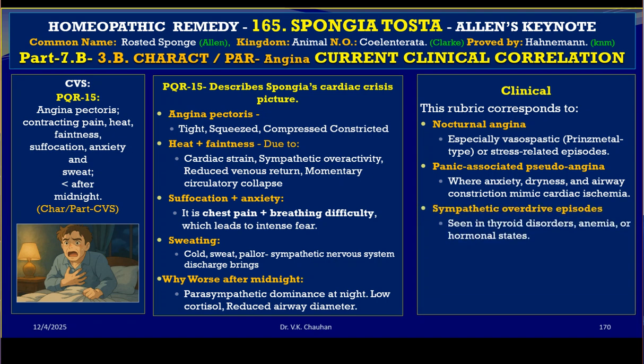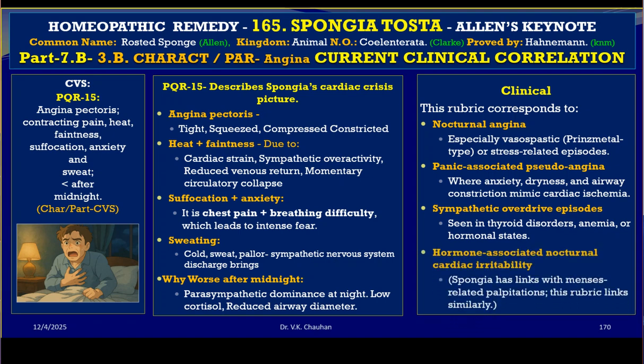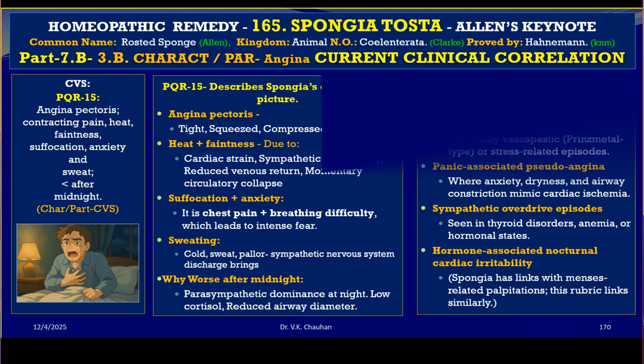Friends, sympathetic overdrive episodes can be seen in hyperthyroid state, anemia or hormonal states like menopause. Hormone associated nocturnal cardiac irritability is seen in Spongia, has links with menses related palpitation, and this rubric links to this special kind of background pathophysiology.